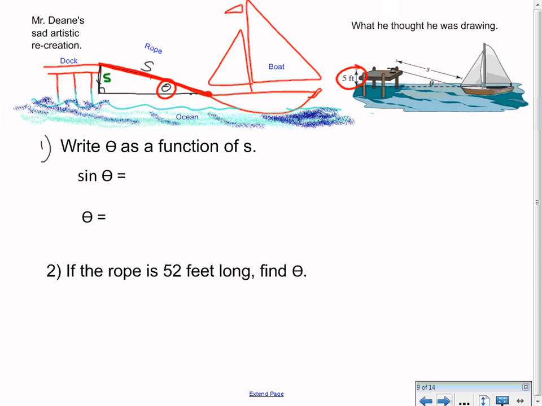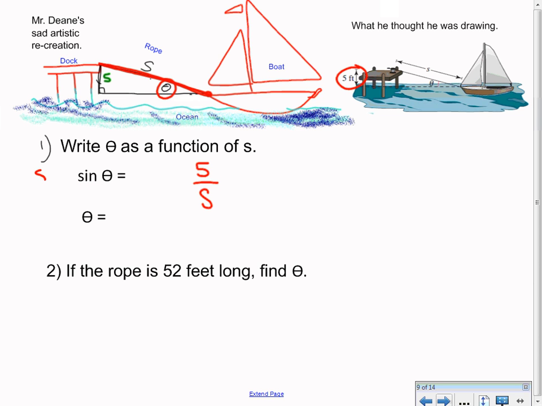So we were asked to write theta as a function of s. This is just triangle trig, SOHCAHTOA. Sine of theta is always equal to the opposite over the hypotenuse. The opposite is 5 feet, and the hypotenuse is s. So sine theta is equal to 5 over s. When we want to get just theta and remove it from sine, there is a way to do that now.